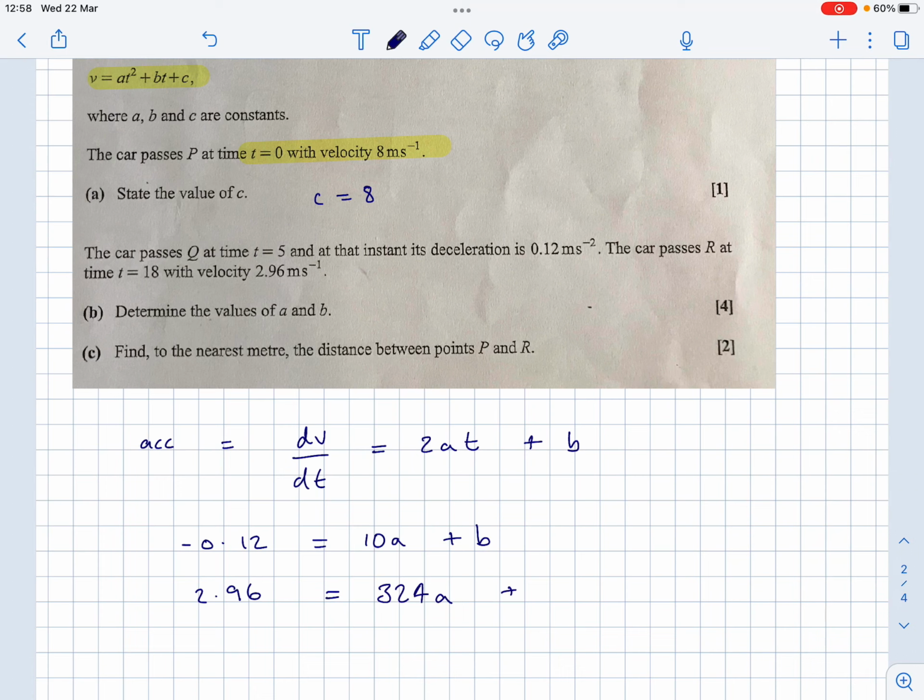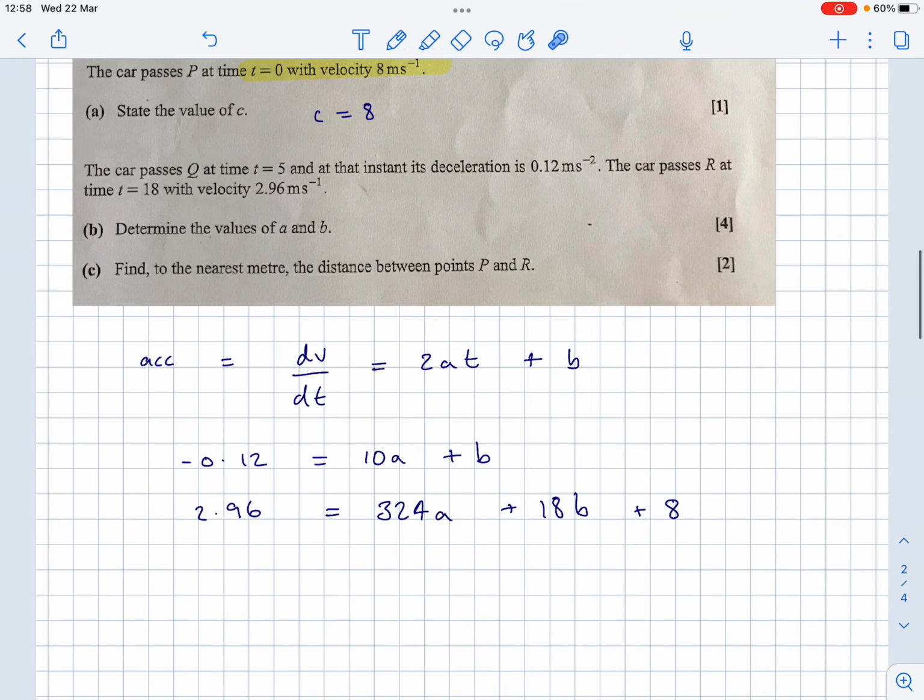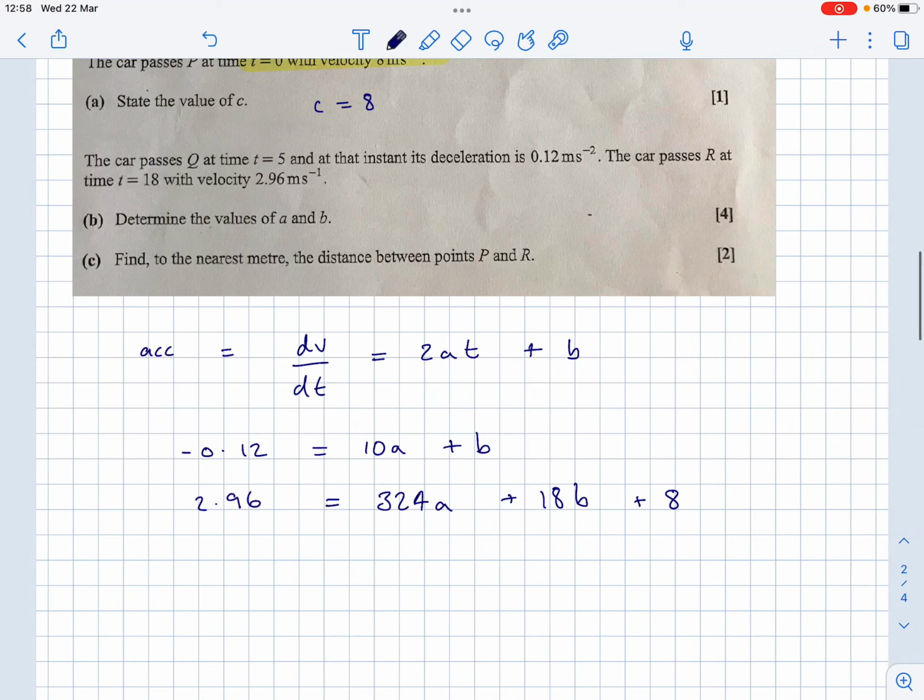And then we've got t lots of b, so 18b plus 8. Subtracting the 8 here from that side, and then using your calculator to solve them simultaneously, we will get a equals negative 1/50th, or the equivalent decimal, and b to be equal to 2/25.